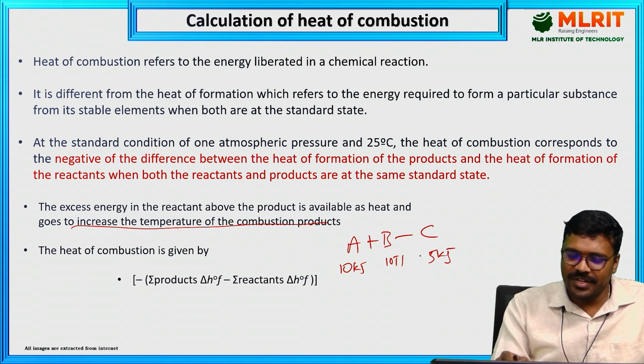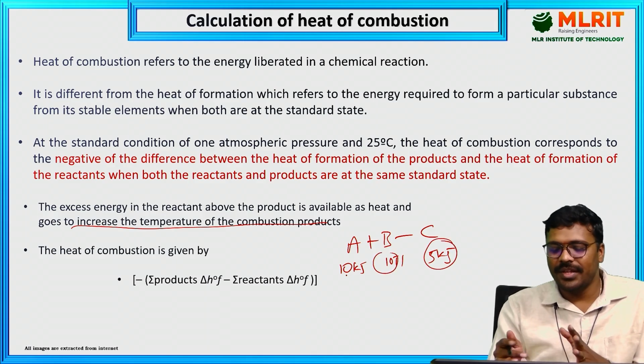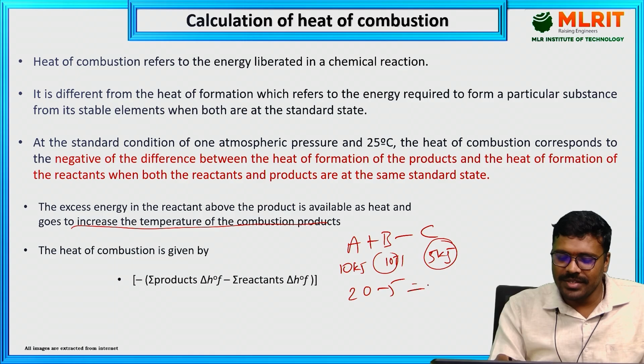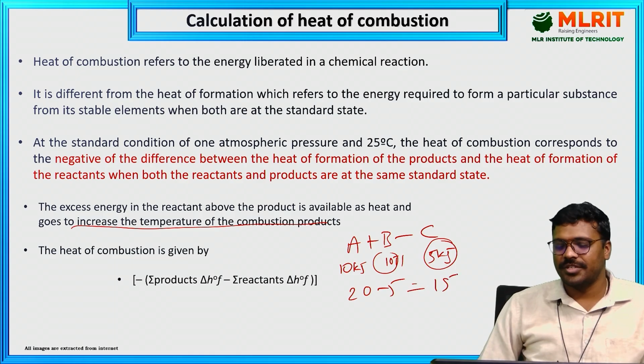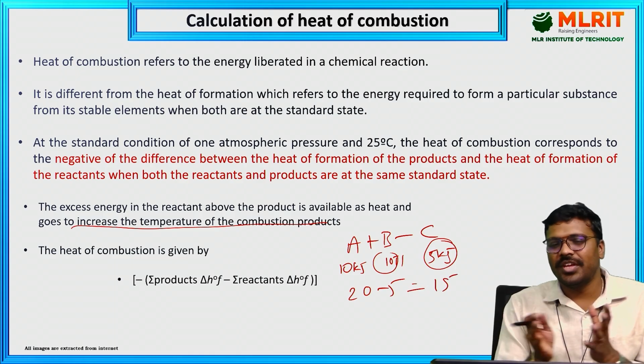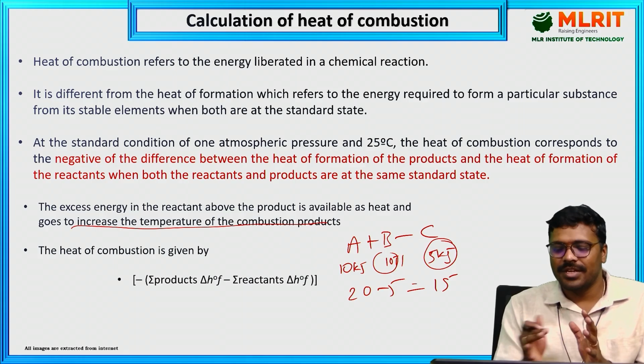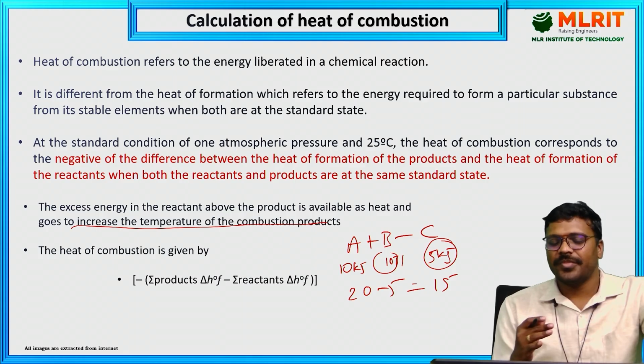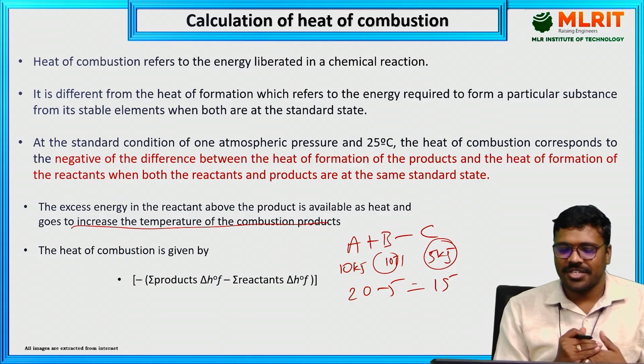So what is the difference? It is 10 plus 10, 20, minus 5. There is a difference of 15 kilojoules of energy per mole, and this is the energy that will be liberated during the reaction.